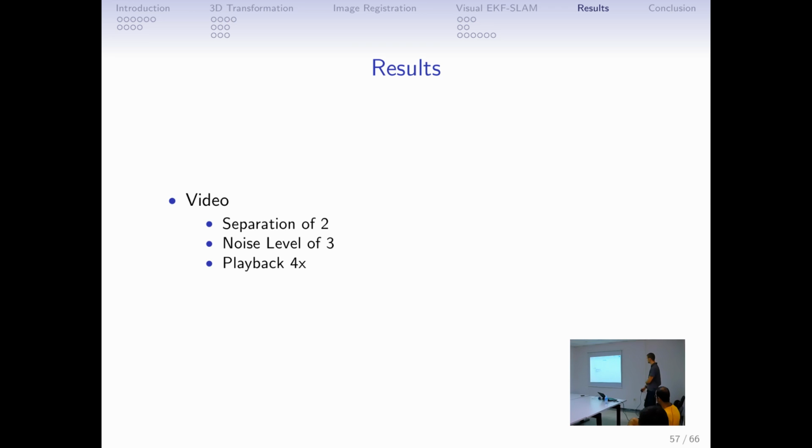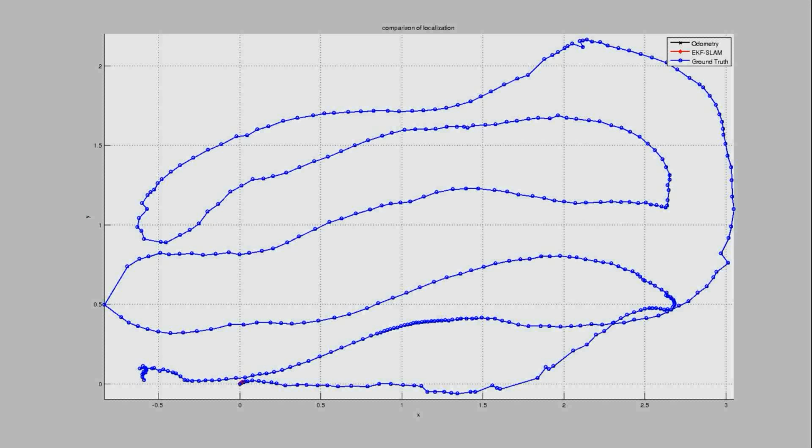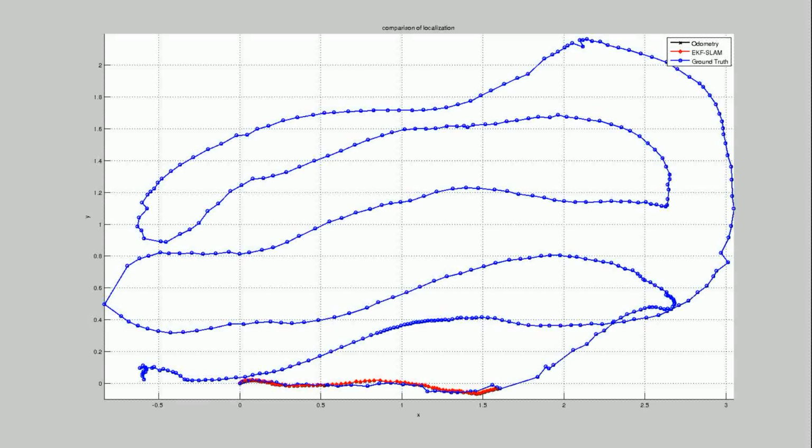And even worse for the odometry, and still good with EKF SLAM. I want to show you a video with a separation of 2, noise level of 3, and playback 4 times faster. Again, blue the ground truth, black is the odometry, and red is the EKF SLAM. Right now, EKF SLAM and odometry are both perfectly aligned because we don't have any update, so no loop closing was found.